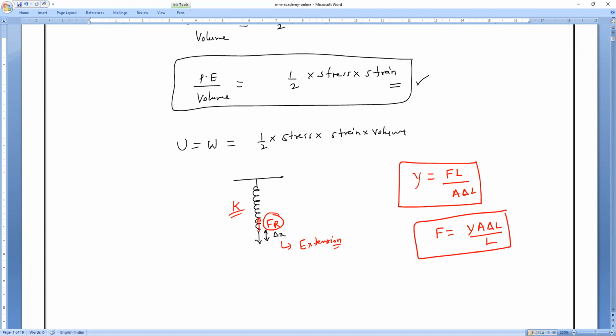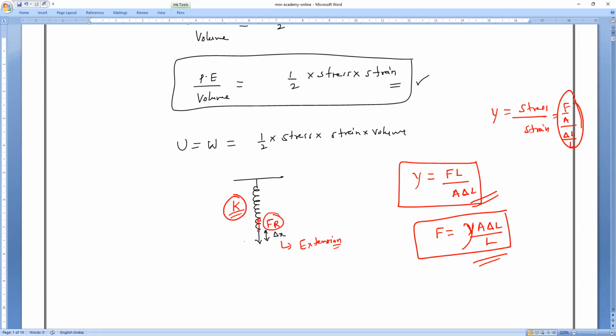As we know, Young's modulus is equal to stress divided by strain, where stress is F by A and strain is delta L by L. So from that I am writing F is equal to Young's modulus into A into delta L divided by L.